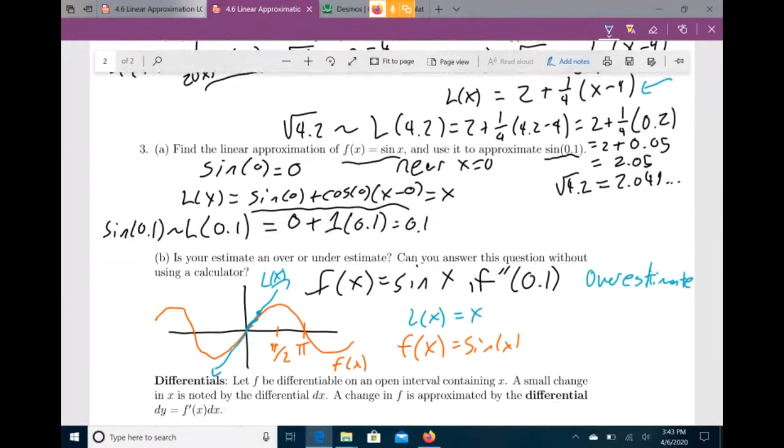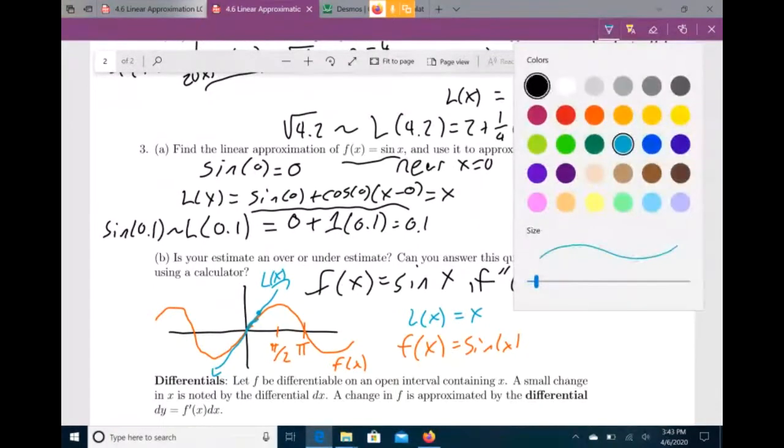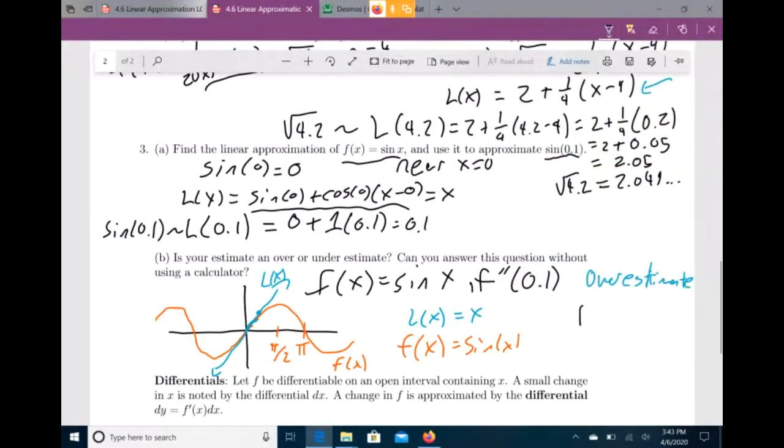Okay, you could also think that the second derivative will be negative close to 0.1. All right, so the second derivative also tells you whether you're overestimating or underestimating.